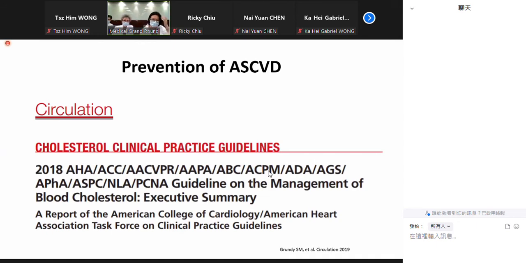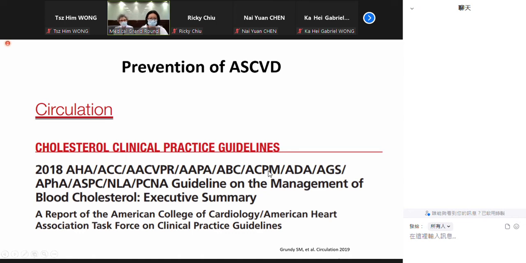So Professor Chan has outlined very nicely a lot of the key landmark studies. In the following slides, I would just like to go through some of the guidelines and how we should use statins for primary or secondary prevention in different populations. So I would refer you to this publication.